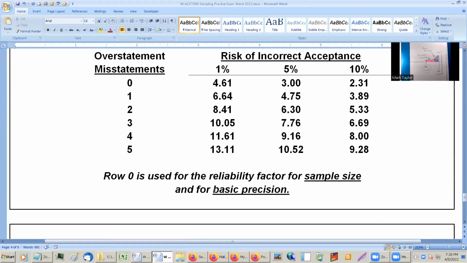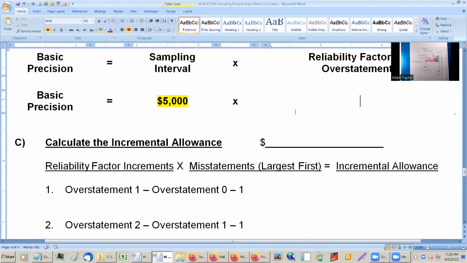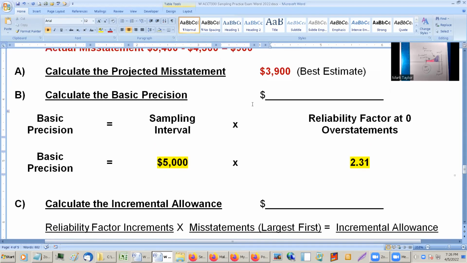Reliability factor, so this is for basic precision. So 2.31. Okay, so 2.31 times 5,000 is $11,550.